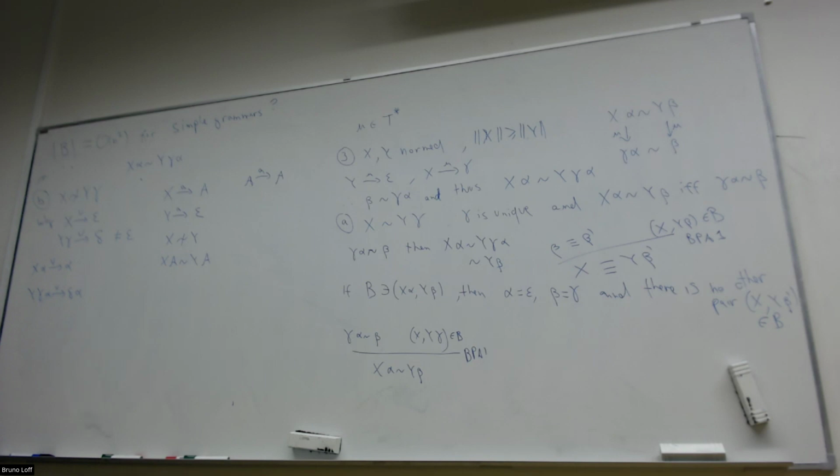Because these words are bisimilar and the transitions must be unique, the resulting words must also be bisimilar. So alpha must be bisimilar to delta alpha.